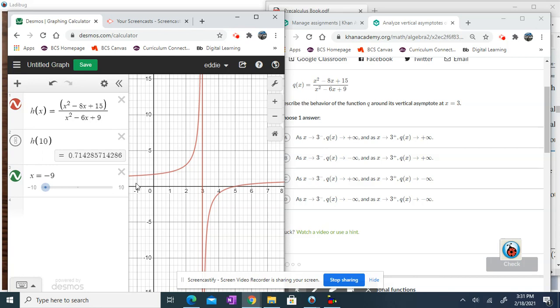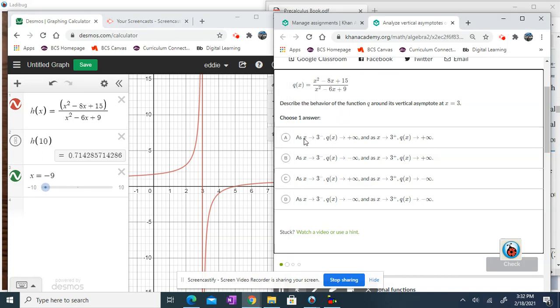So as you can see, as you come from the left, it goes to positive infinity. And as you come from the right, it goes down to negative infinity, all right? So let's see if we can figure out how this is worded. As x approaches 3 from the negative side, right? So as x approaches 3 from the negative side, that's talking about this way, because we're coming from the negative. It goes to positive infinity.